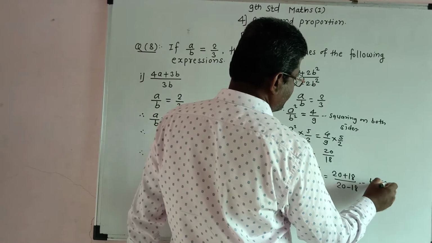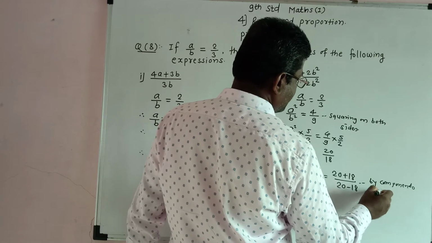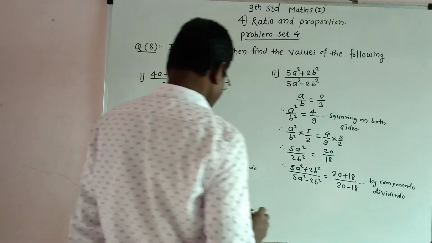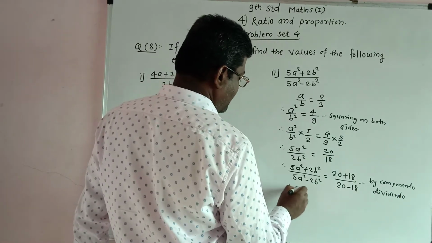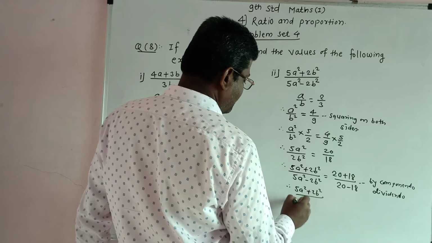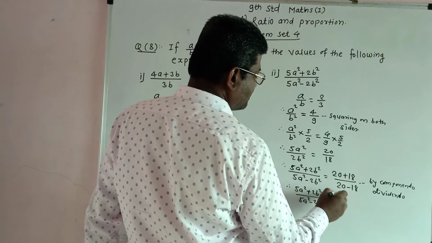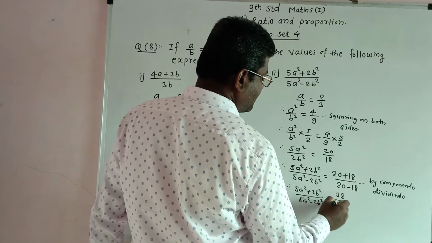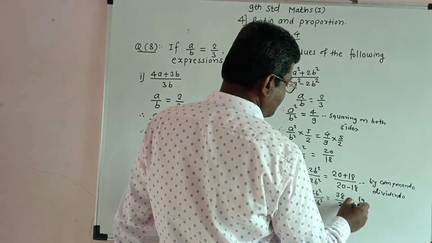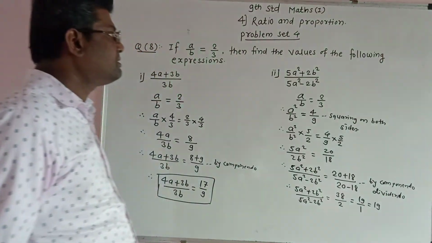The reason is by componendo dividendo. Therefore, 5A square plus 2B square upon 5A square minus 2B square is equal to 38 upon 2. So, 38 upon 2 will be 19 upon 1, which is 19. So, our answer is 19.